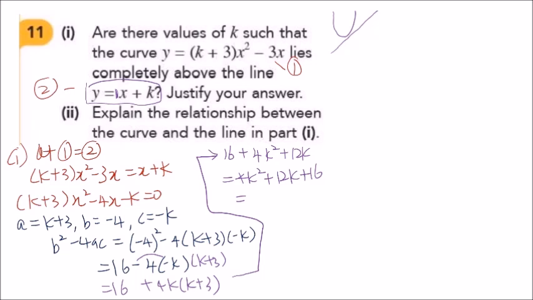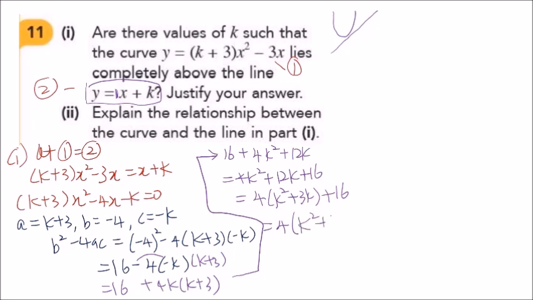Right, so to apply completing the square, I need to make coefficients of k squared to be 1. So I need to factorize 4 out. Okay, right, so how do I do it?